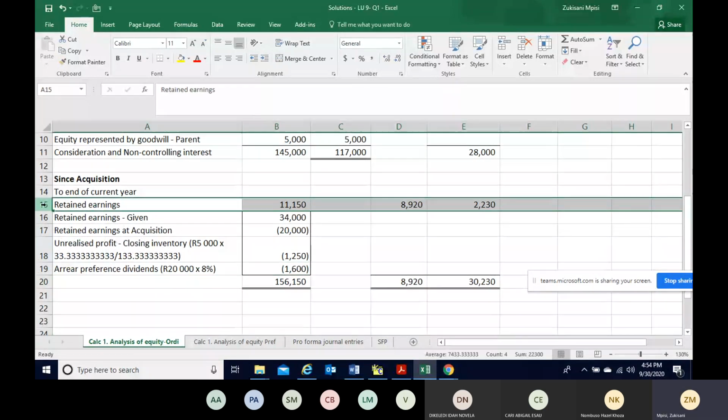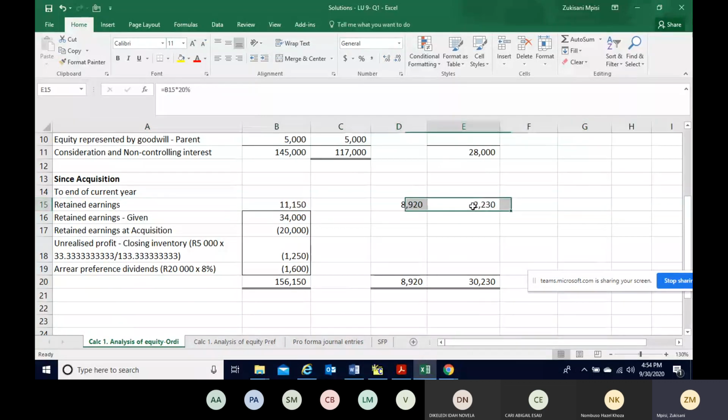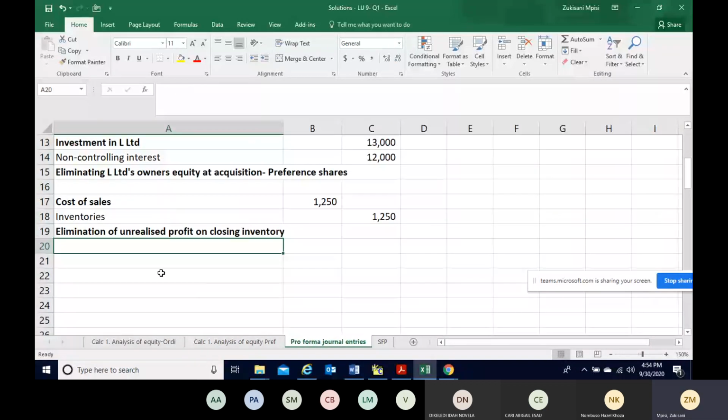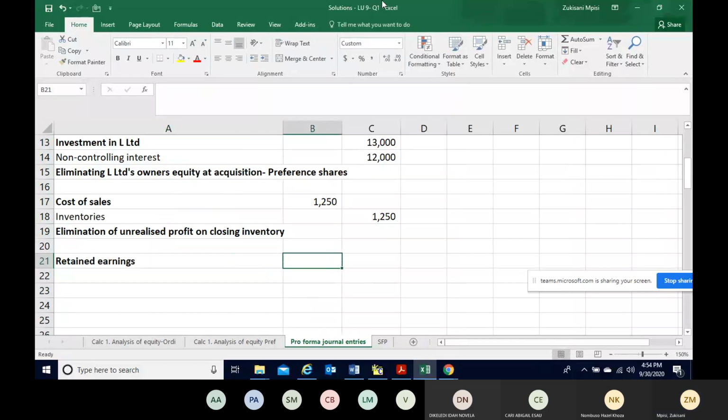So now we can make this journal entry of retained earnings where the profit goes to the non-controlling interest. Remember, you don't do a journal entry for the parent, you only do it for the non-controlling interest in terms of the profit. When you are recording the profit, you've got retained earnings, you're reducing retained earnings, because remember, you are adjusting your books on what has not already been reflected.